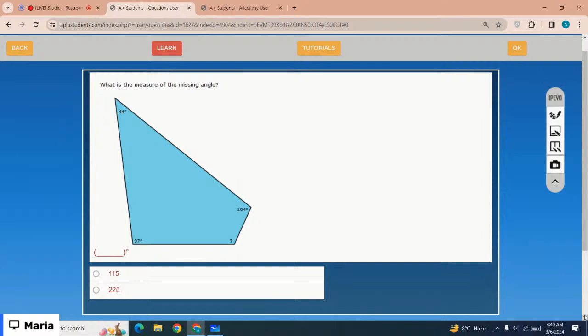That is 115 degrees, right? 115 degrees is the correct option.